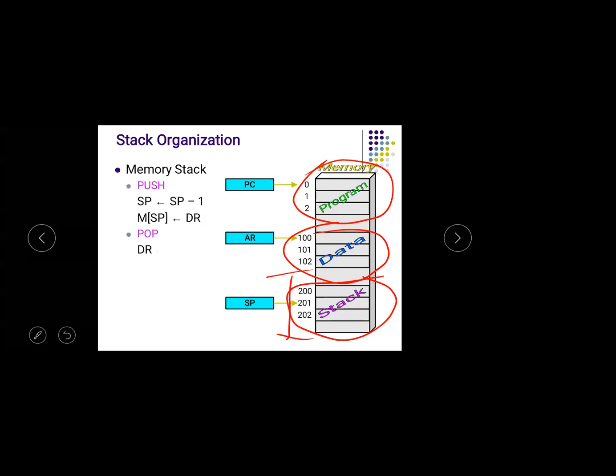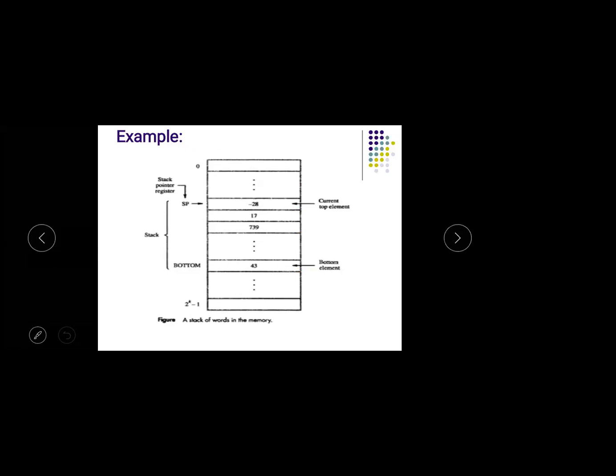Similarly, there are push and pop operations. This is an example: currently the stack pointer points into the memory stack. These memory words are used for the stack. This is the bottom of the stack.